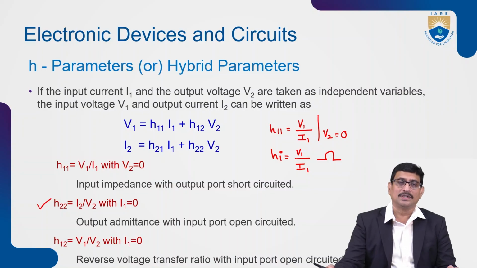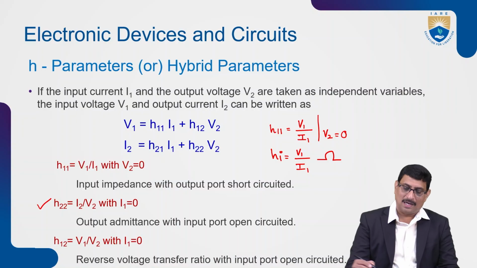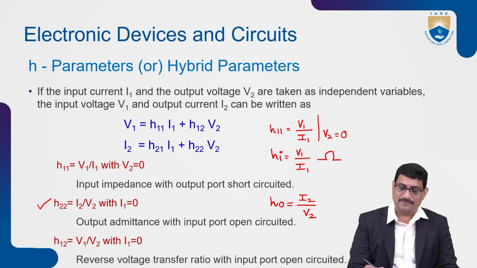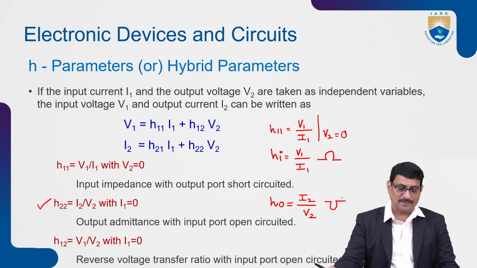Therefore H22 is named the output admittance when the input port is open circuited. It is also designated as Ho, where Ho is equal to I2 divided by V2, and it is an admittance whose dimensions are mhos.